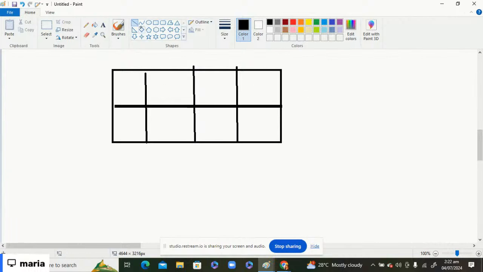This is your frame, and I am going to draw the shape of a star. So you just need to count how many total stars are there. Count it and then tell me. Total are 1, 2, and 3. So the answer is 3.